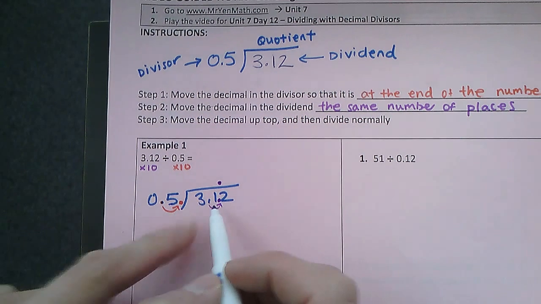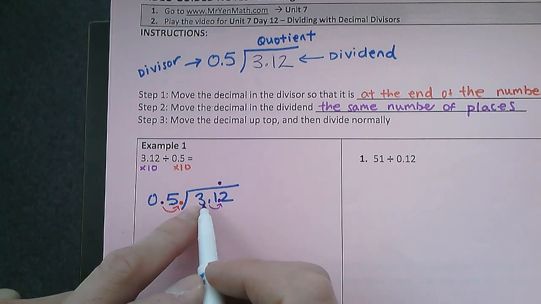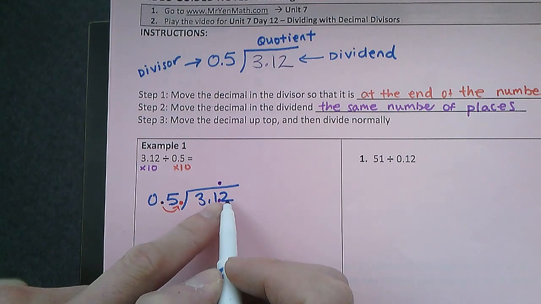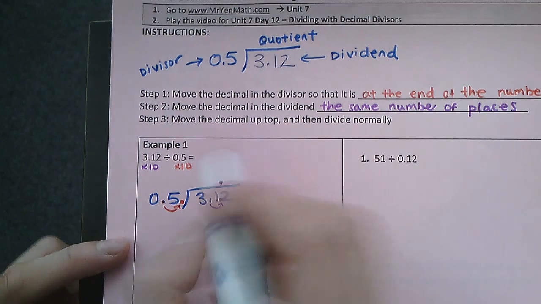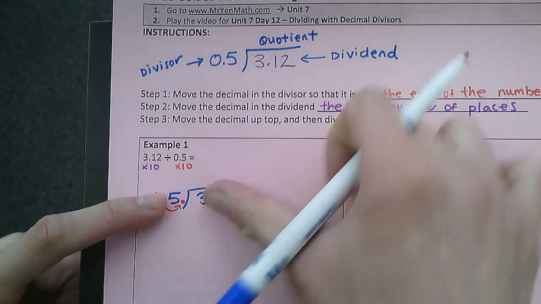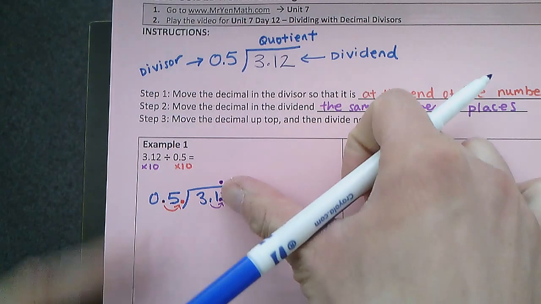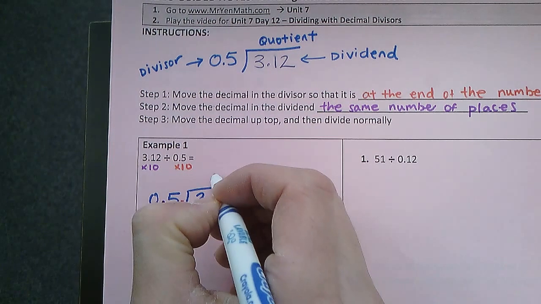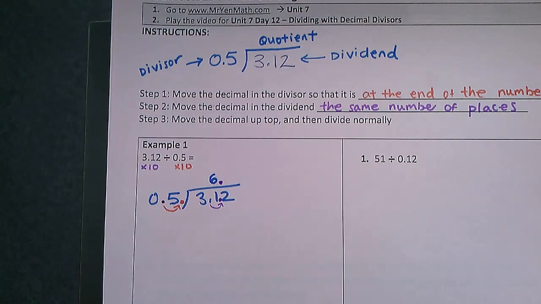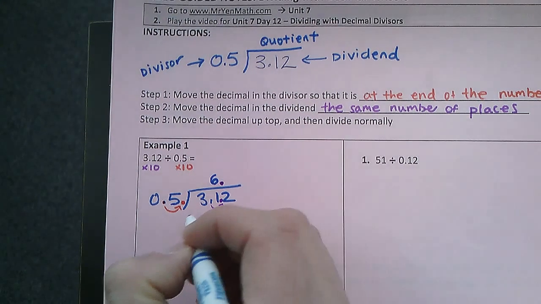But now, instead of dividing 3.12 by 0.5, I'm dividing 31.2 by 5 wholes. Okay, so does 5 go into 3? Nope, it's too small. Can 5 go into 31? Yep, it can go in 6 times.